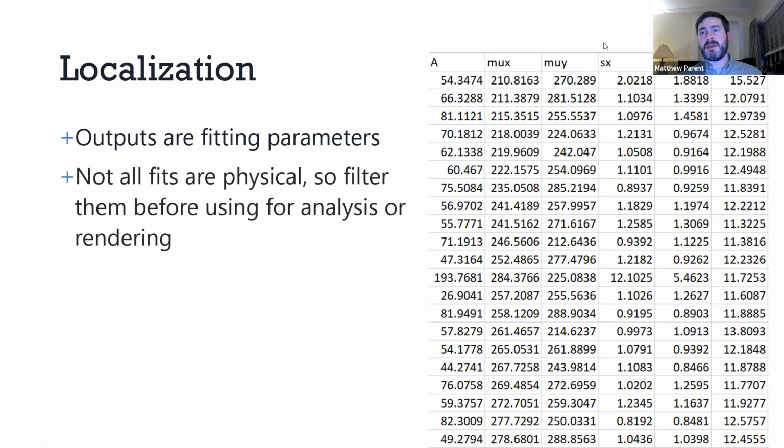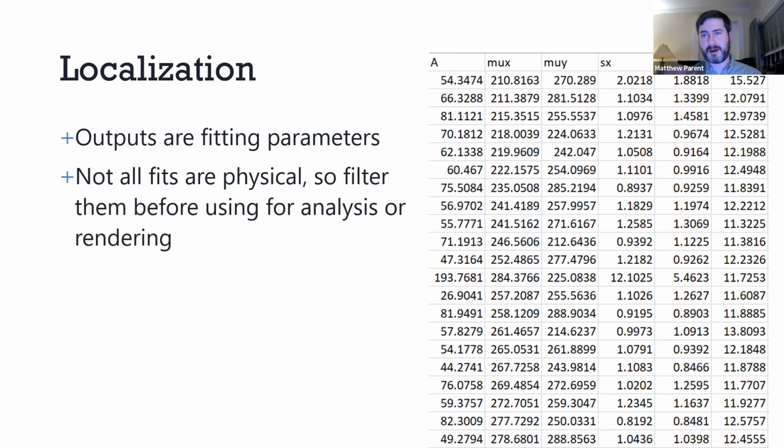So it's important here to note that not all of the fits that you get are going to be correct. The fitting algorithm will do its best, and it will sometimes fit very, very well to things that are not very physical.